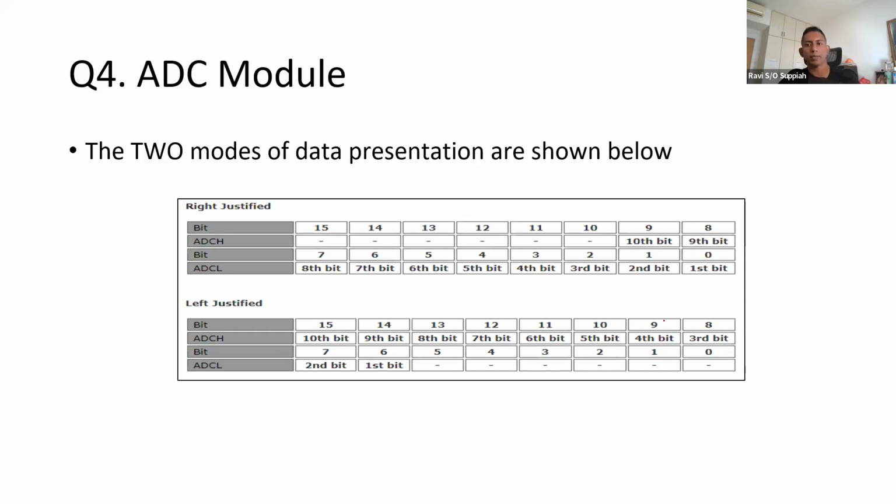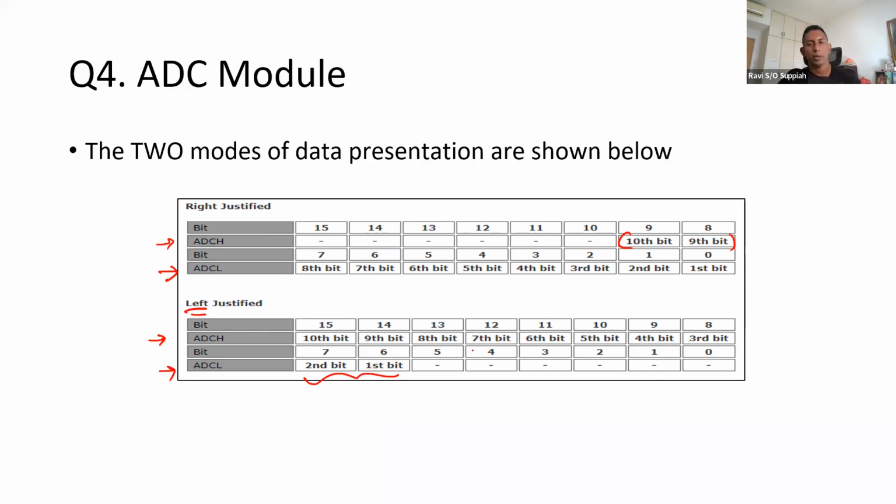In right justified, the lower 8 bits are in ADCL and the ADCH only has the 10th and 9th bits, the upper 2 bits. But if I choose the left justified approach, the upper 8 bits are stored in ADCH and the lower 2 bits are stored in the ADCL.